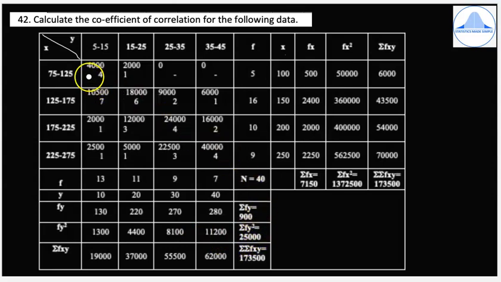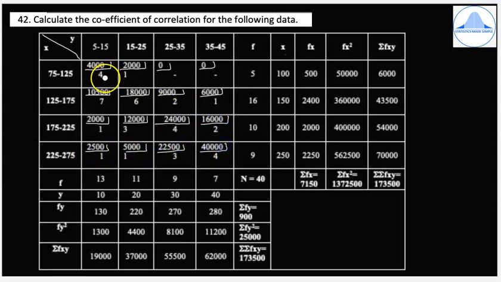Now next what we have to do is find out the values in these small cells. The values in these small cells are nothing but f into x into y. So I will show you now how to calculate the values in these small squares. Let's do the calculation carefully.